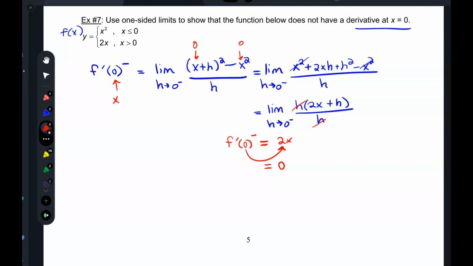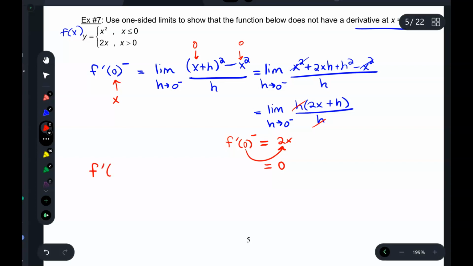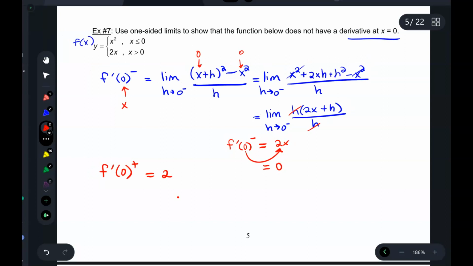If you want to do it, fine. But all I'm going to do here is write f prime of 0 from the right is equal to 2. So, therefore, the function does not have a limit at 0.